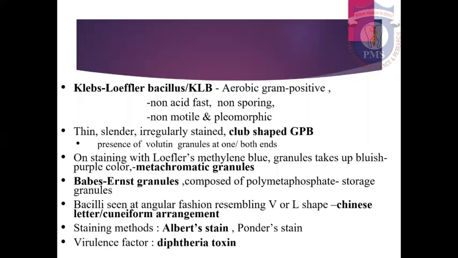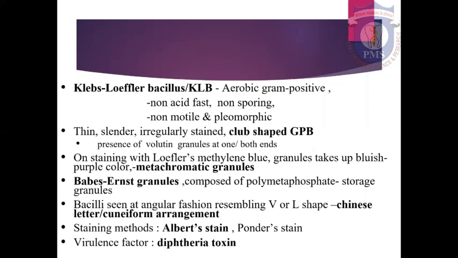This Corynebacterium diphtheriae is otherwise called Klebs-Loeffler bacillus. This is an aerobic, gram-positive, non-acid-fast, non-sporing, non-motile, and pleomorphic organism. These are thin, slender, irregularly stained, club-shaped, gram-positive bacilli showing the presence of volutin granules at one or more ends.